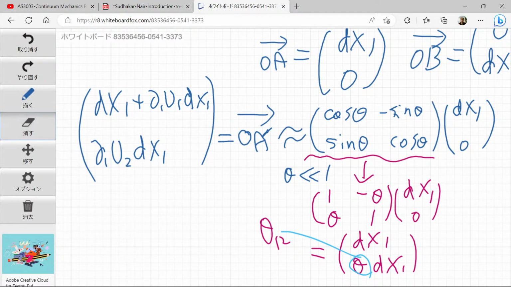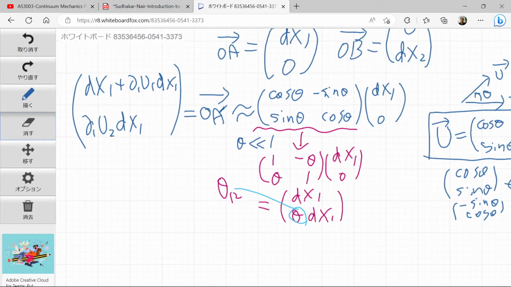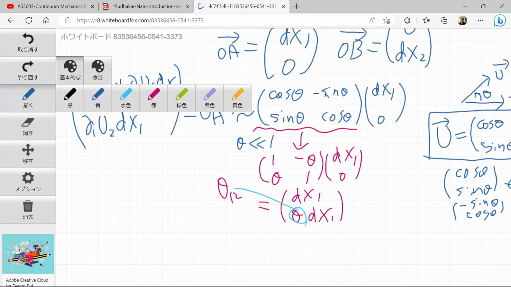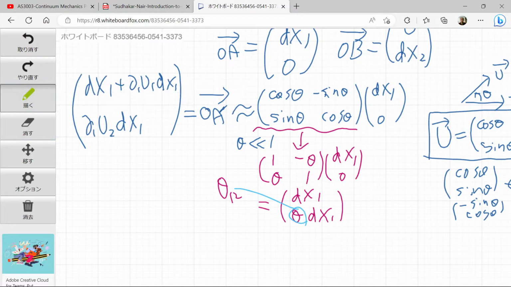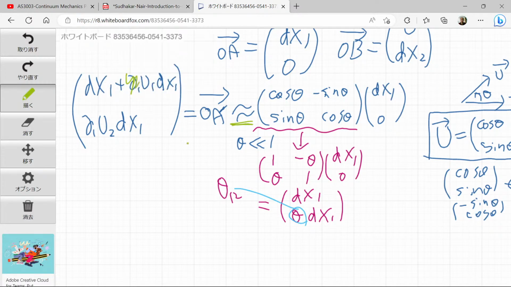Yeah, so you can see both sides. Then this is an approximate equality. This is still approximate. So here, what is the small value? Yes, the small value is this. The small value we neglect.